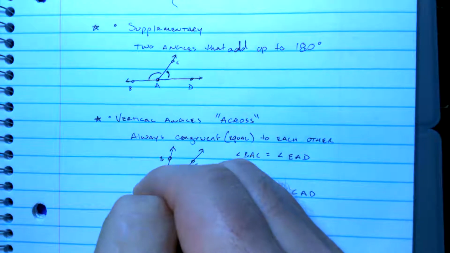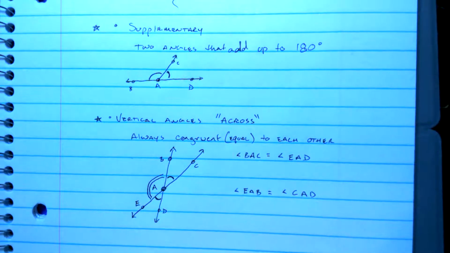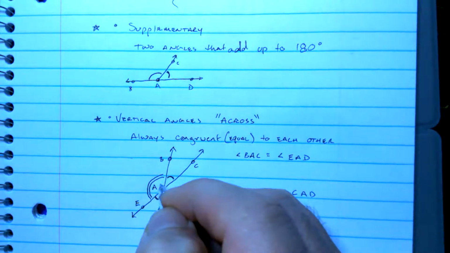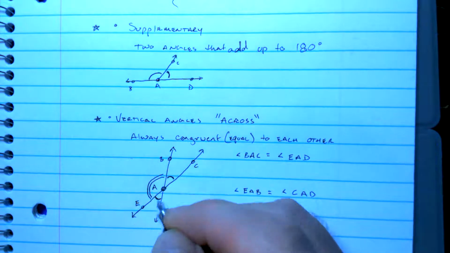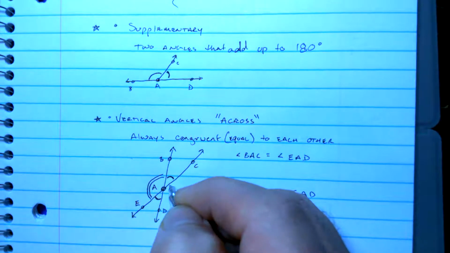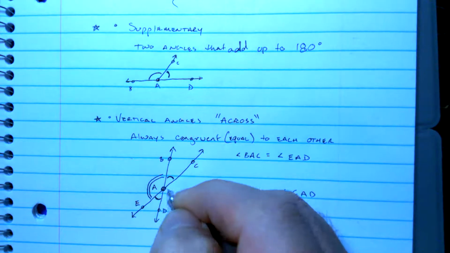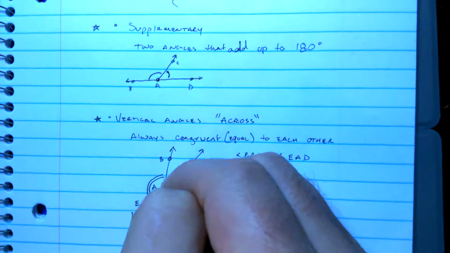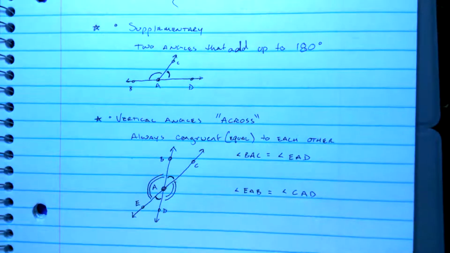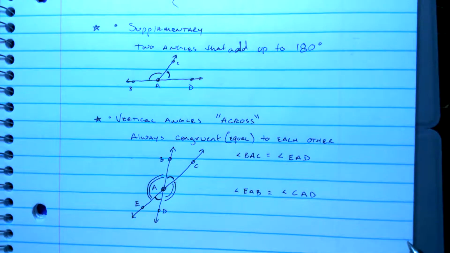We'll put a 2. That's that angle, EAB, E to A to B. We're following that angle here. And that's going to be congruent to this one on the other side, C to A to D. So it's over here. So these two are congruent as well. Okay, so they are across from each other.